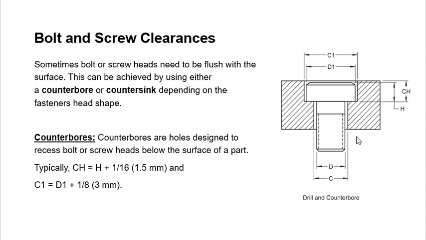Alright, bolt and screw, sometimes you're going to do the counterbore. So here, when you look at it, this clearance hole is your counterbore. You will put your fastener right into that space, and we call that the counterbore. It's very important to be flush with the surface, because you don't want this protruded outside like this example.